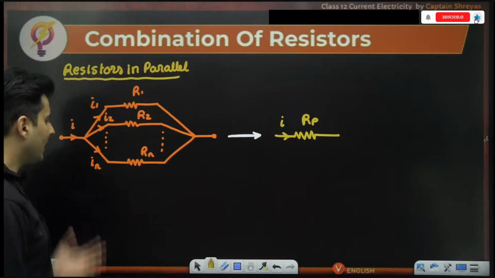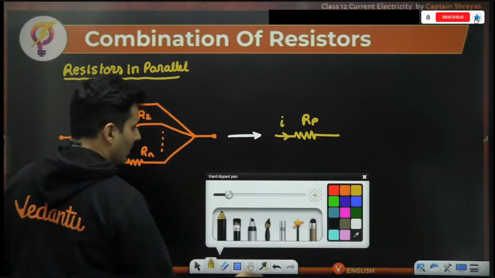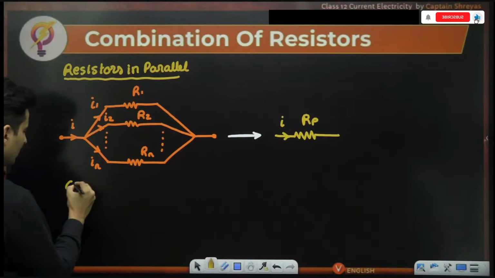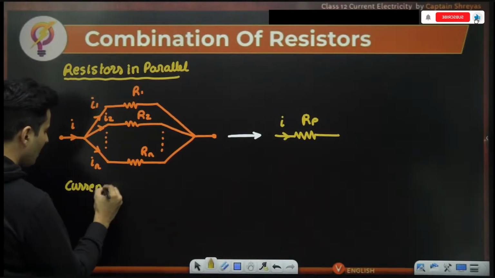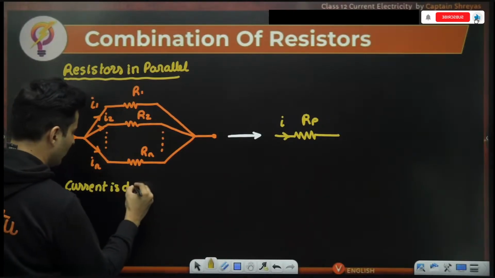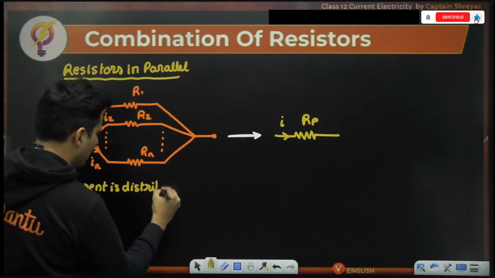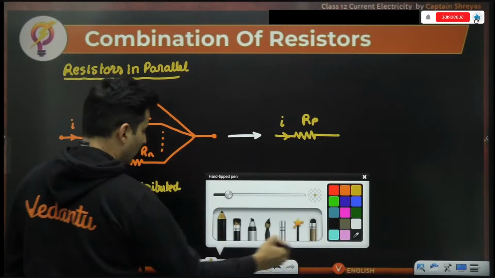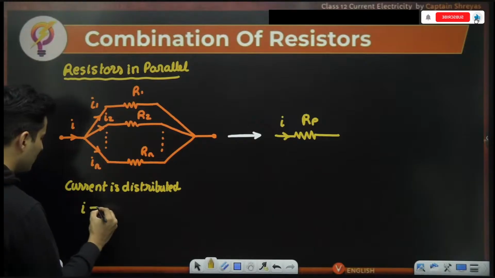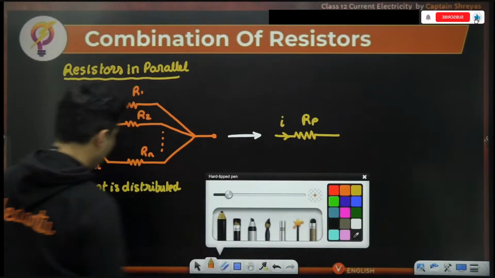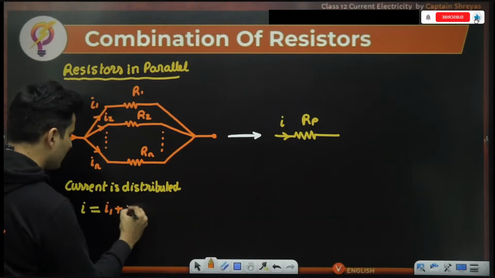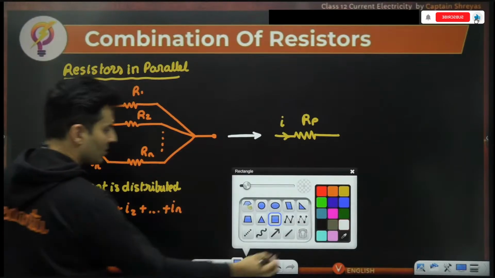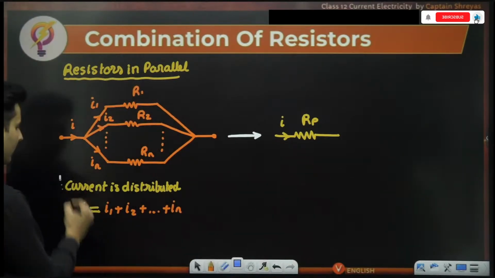So here the current is distributed in all the branches. So therefore, I can say that the original current will be nothing but I1 plus I2, like that till the nth current. So that is the first thing that I can notice over here.